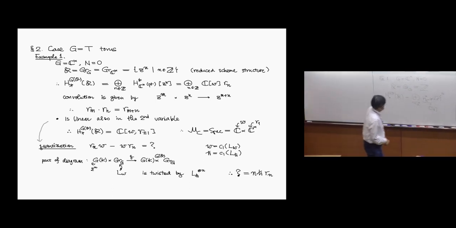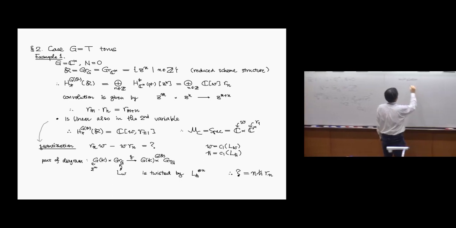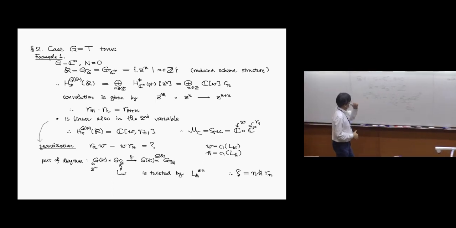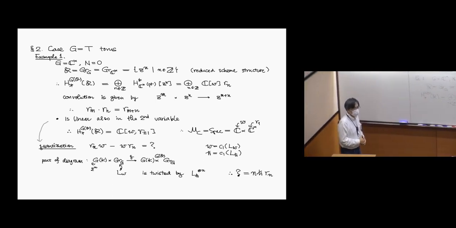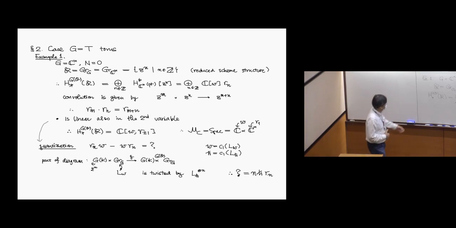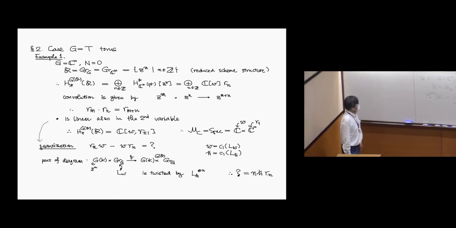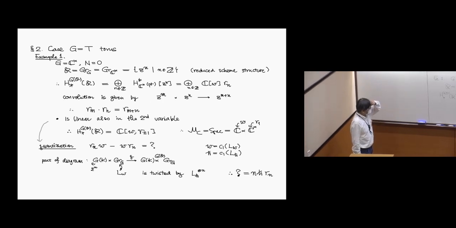It is very easy to guess what the multiplication of Rm and Rn is. I don't give the convolution diagram which defines the convolution product on this. I postpone it to tomorrow, so I cannot compute it.